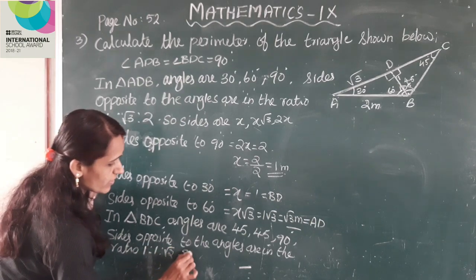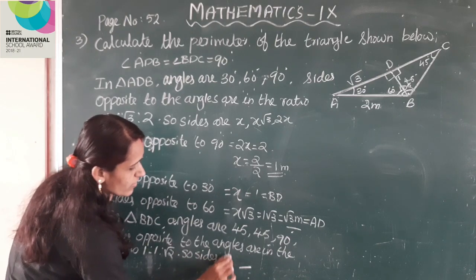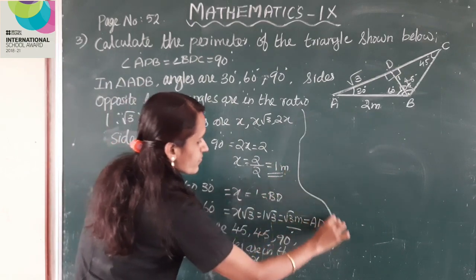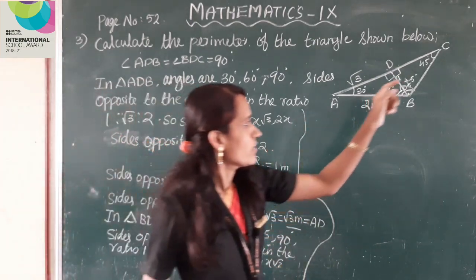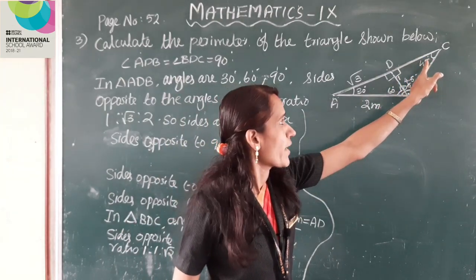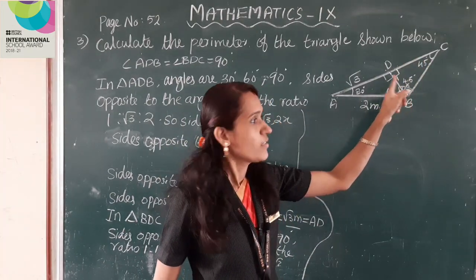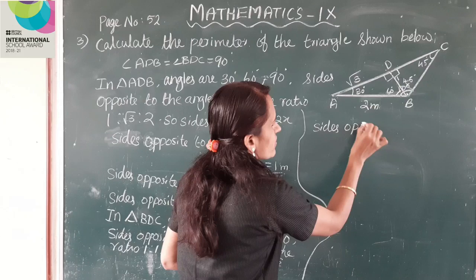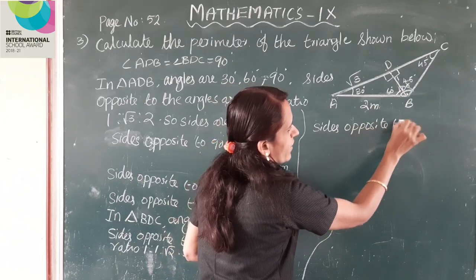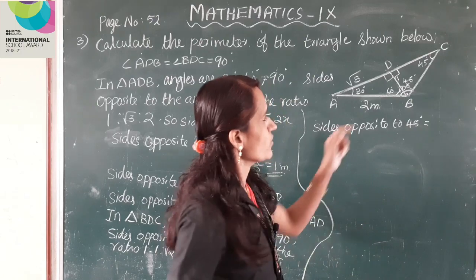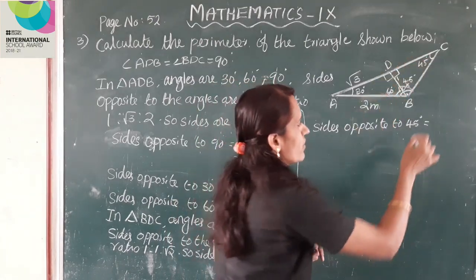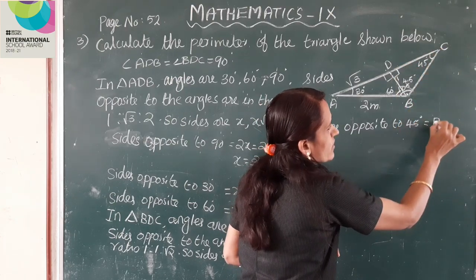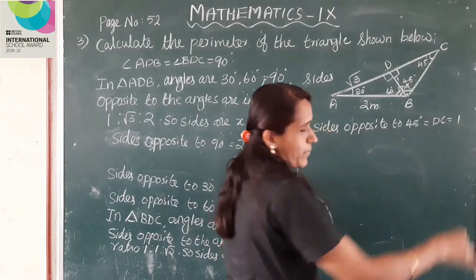So sides are x, x, x root 2. Here side opposite to angle 45 degree is 1. So here DC distance is equal to 1.